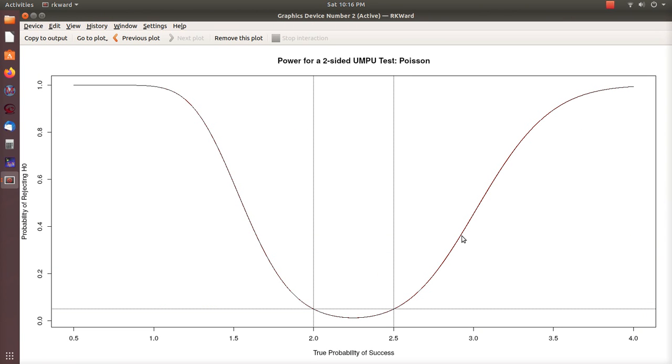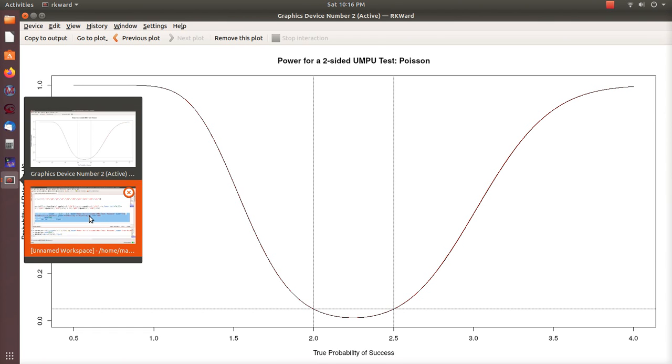And notice that on my screen I can see some red and some black all along this curve, but essentially they're the same. And the leave one out tail test is so easy. You could do it with a four-function calculator and a Poisson table in the back of a book. You could conduct this test so easily, and it's really close to the optimal UMPU test.